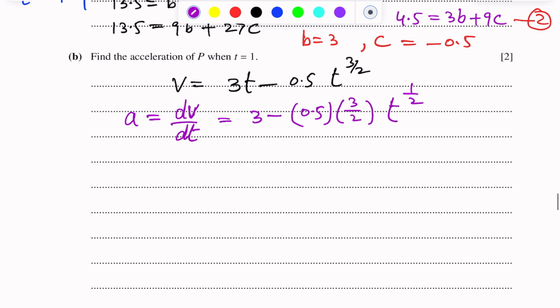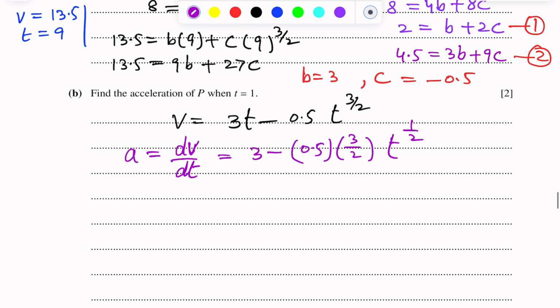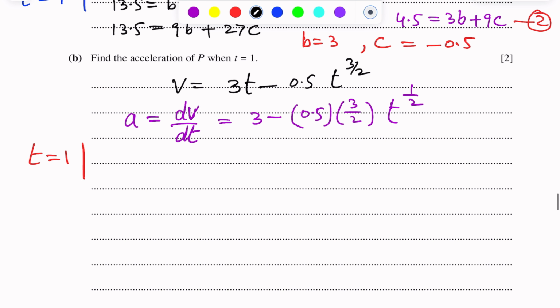Now t is given, that is t is equal to 1. Now we will find the acceleration when t is equal to 1. So putting t is equal to 1, 3 minus 0.5 into 3 over 2, t is 1, 1 power 1 over 2 remains the same.